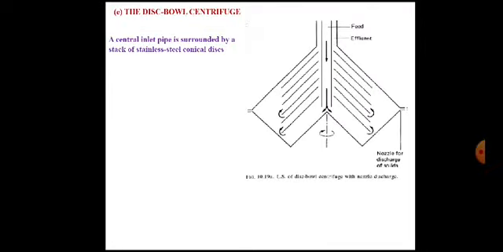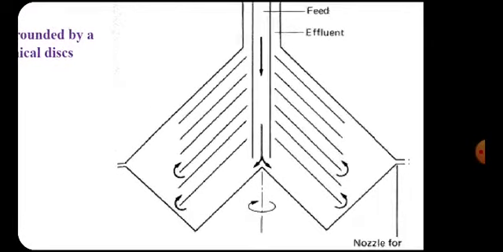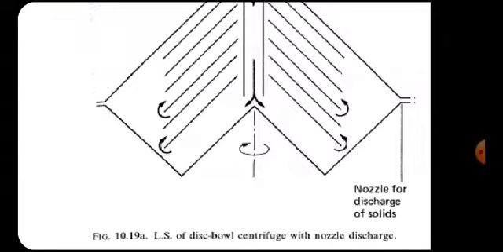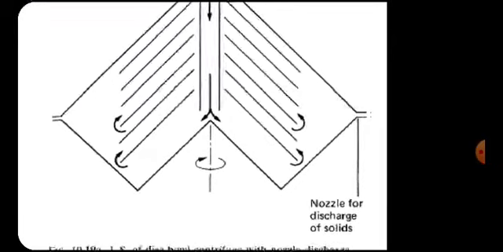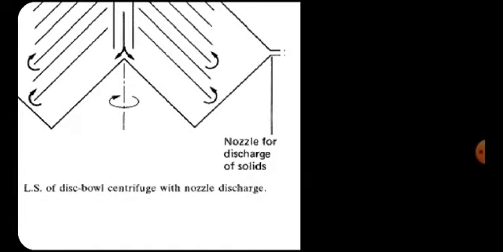It is called the disc bowl centrifuge. The disc bowl centrifuge consists of a central inlet pipe which is surrounded by a stack of stainless steel conical discs, like this. So this is how it rotates in this plane. You can see these are the nozzles for the discharge of solids.